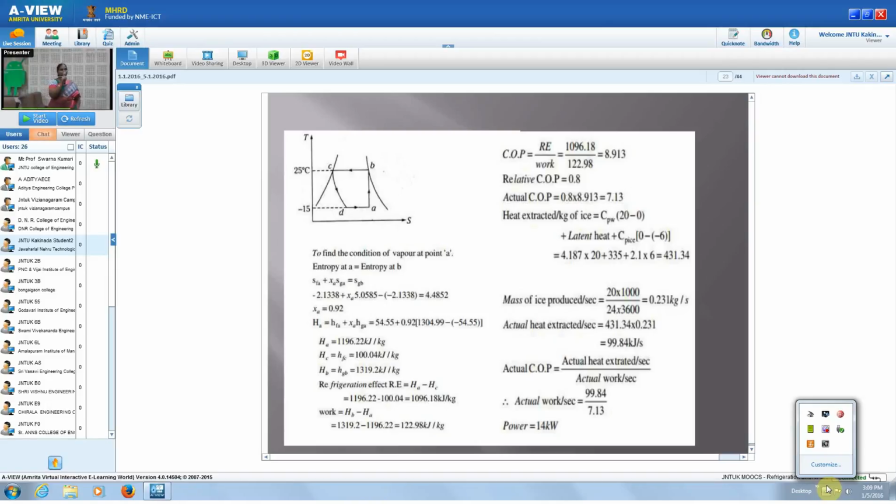Find out the actual heat extracted per second. So the mass of the ice to be formed into heat extracted is equal to 99.84 kilojoules per second.